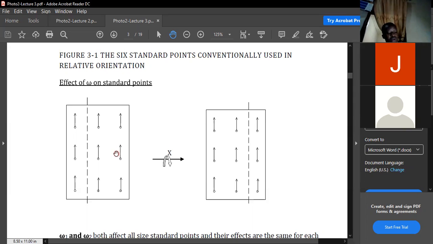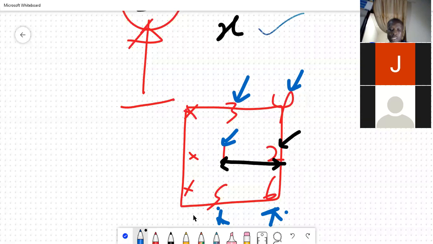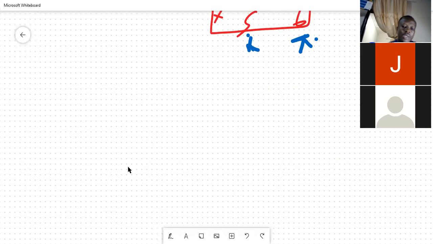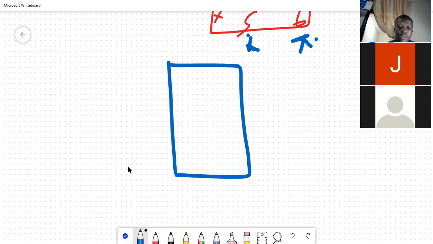So now let's talk about omega phi kappa. Let's do a little recap. In relative orientation, it's important that we appreciate that if you have the projector, there are three axes that are important.